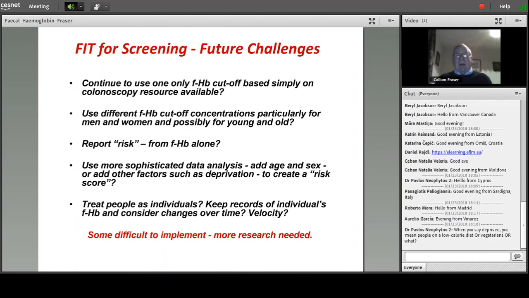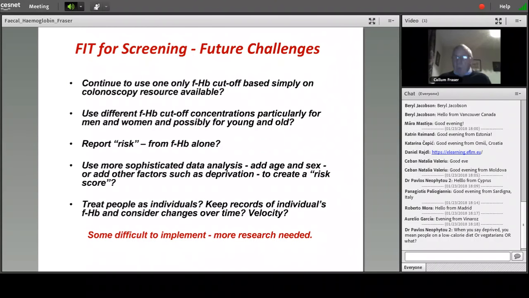So for screening, there are future challenges, in my opinion. Should we continue to use, as everybody more or less does now, only one hemoglobin cutoff based on the colonoscopy resource available? Should we use different hemoglobin cutoff concentrations for different groups, as we've discussed, for the old and for the young?